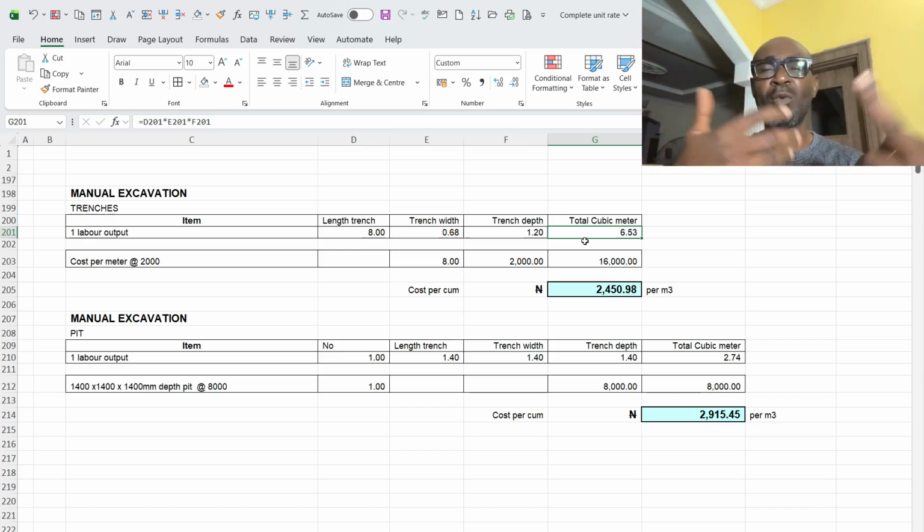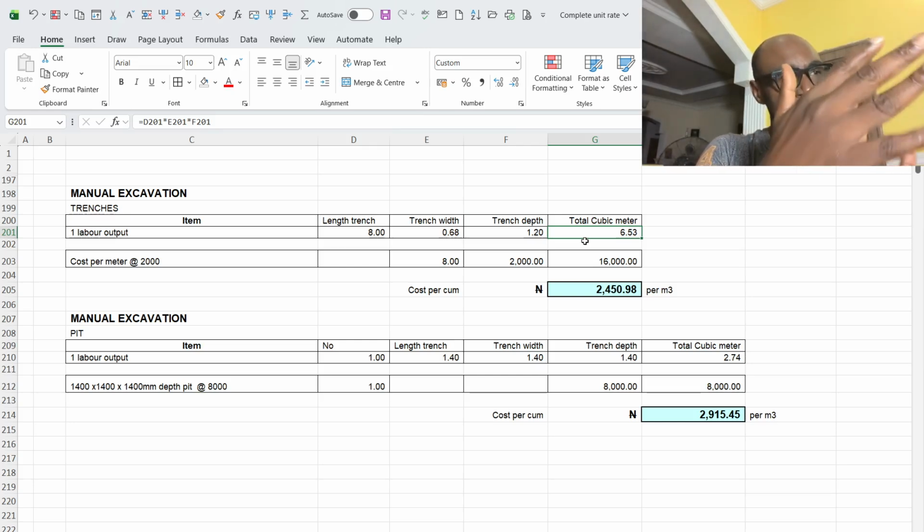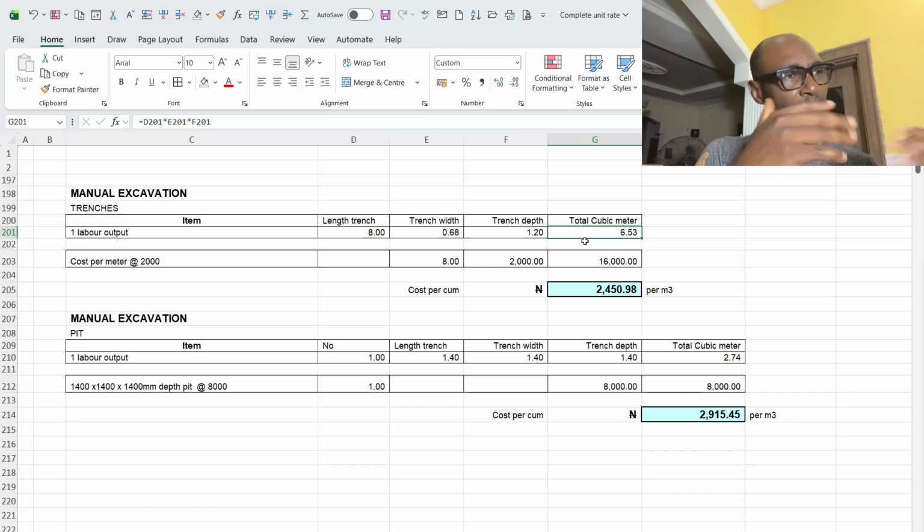These laborers, you don't engage with them in the academic way of computing or how to price. You need to go down to their level for them to understand. So basically, they charge you per meter. You only tell them what depth you want and what width you want, and they will tell you the amount they are going to take per meter. As soon as they finish, yours is just to measure the total linear meter they have dug and pay them the amount.